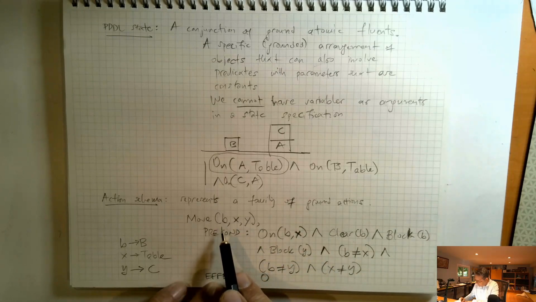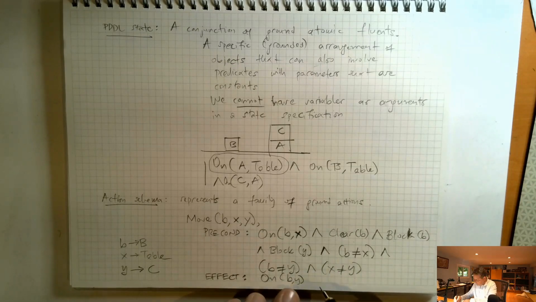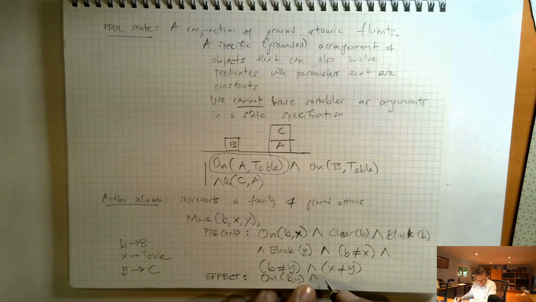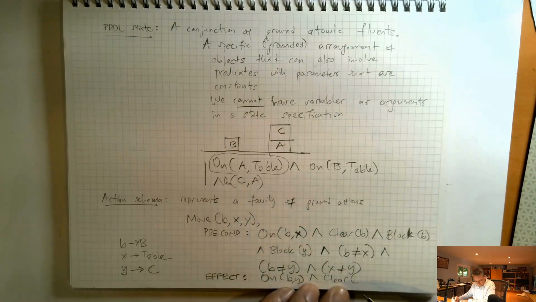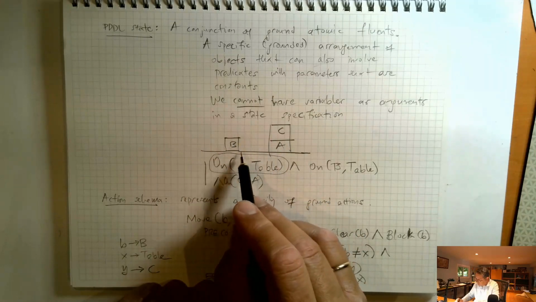So if, let's say, the block B is going to be on top of the Y, so definitely the effect should say that, so on B comma Y. Also, since we moved it, and if B was on top of X, let's say on top of the table, then we have a clear X. So this means that since the B was moved, the table now is clear.